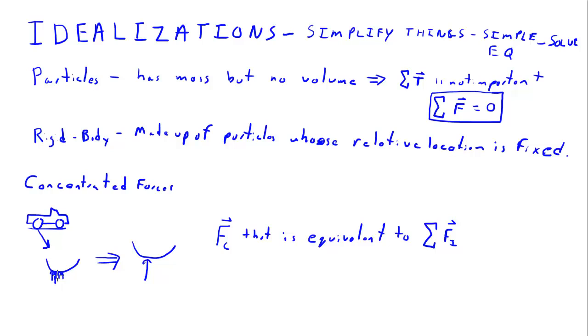So we take all these individual forces and we do something to figure out a new force that's equivalent to those. So those are the three idealizations that we're going to deal with in statics. The concept of particles, treat things as rigid bodies, and later we'll talk about getting these concentrated forces.